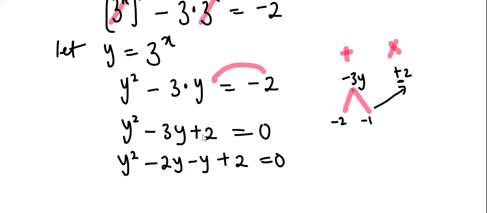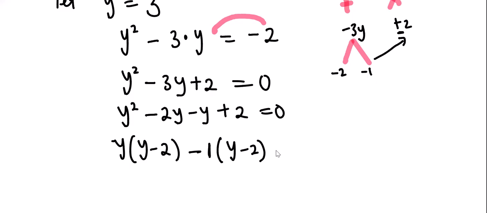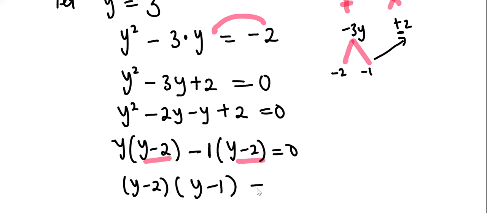Now, proceeding from this by factorization, I can factor out y: y times y minus 2, minus 1 times y minus 2 equals 0. By factoring out y minus 2, which is common to both terms, I have y minus 2 times y minus 1 equals 0.